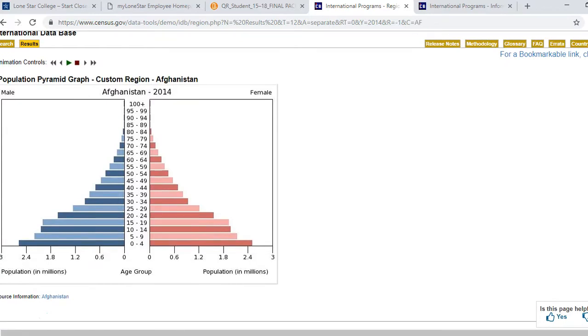Part A says make 3 quantitative observations about the population distribution for the United States and for Afghanistan. Then Part B says write a short analysis of the information in both of these graphs, comparing the population distribution in Afghanistan with the population distribution in the United States.